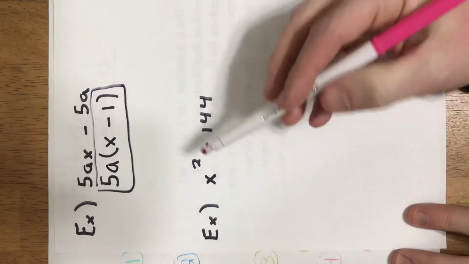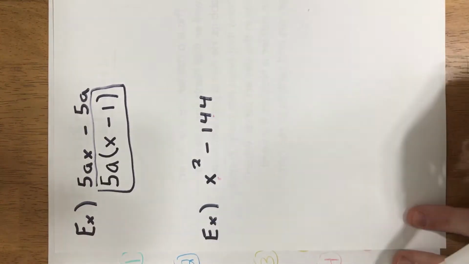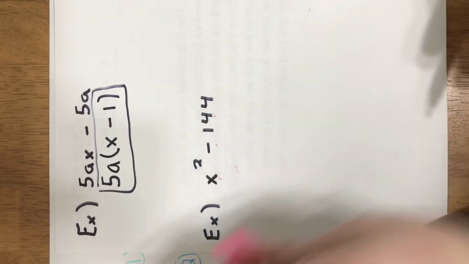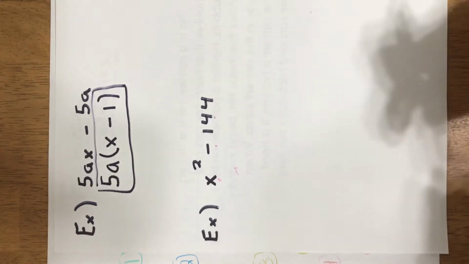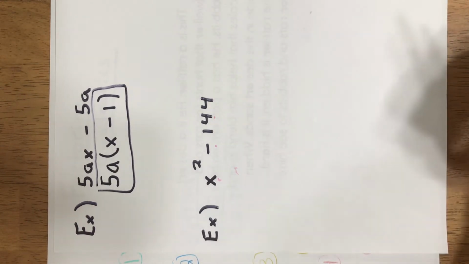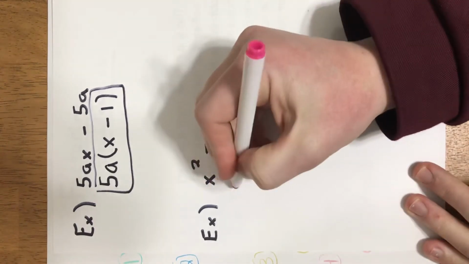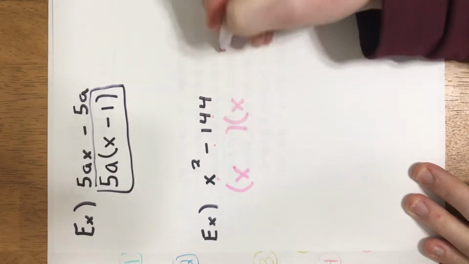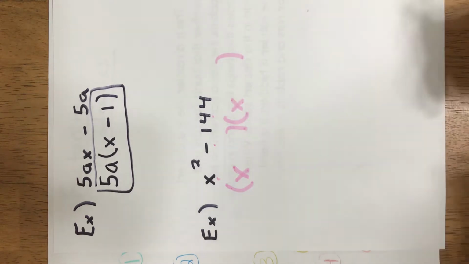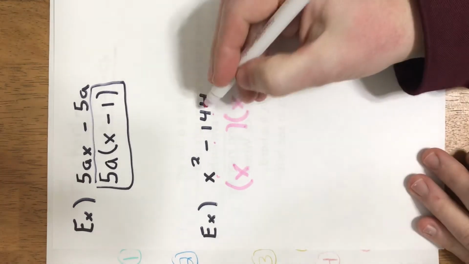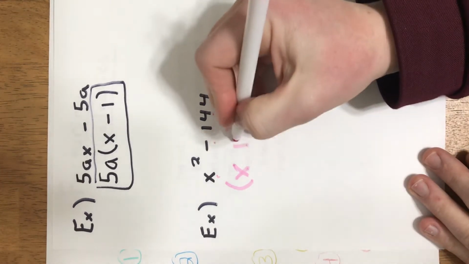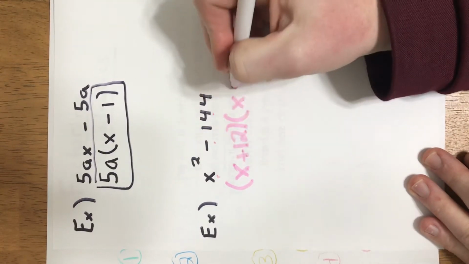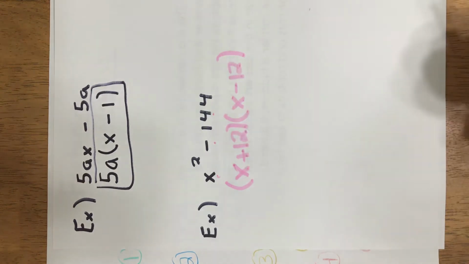In this case, you should see I have 2 terms. And there is a difference, it's subtraction. So it's a difference of perfect squares. So we're going to take the square root of x squared, which is going to be x and x, and the square root of 144, which is 12 and 12, and I'll make one a plus and one a minus.